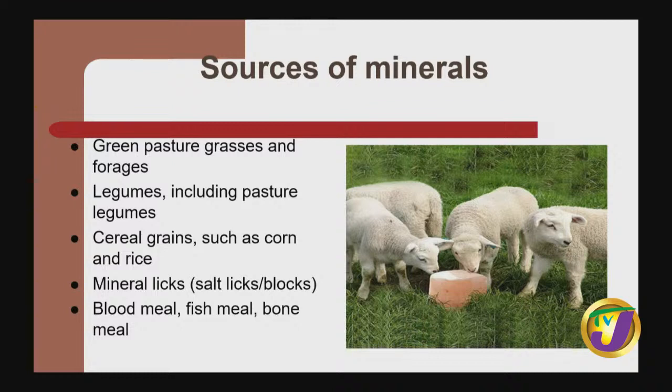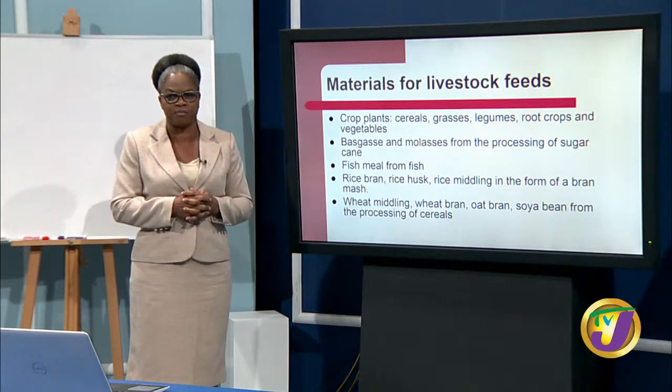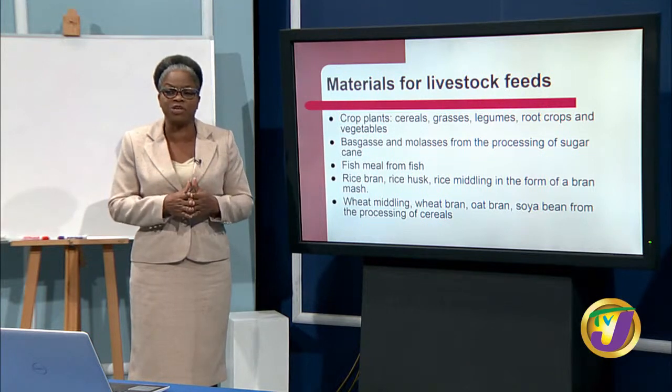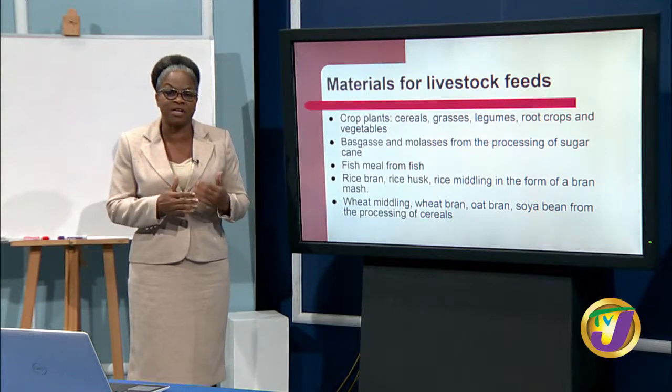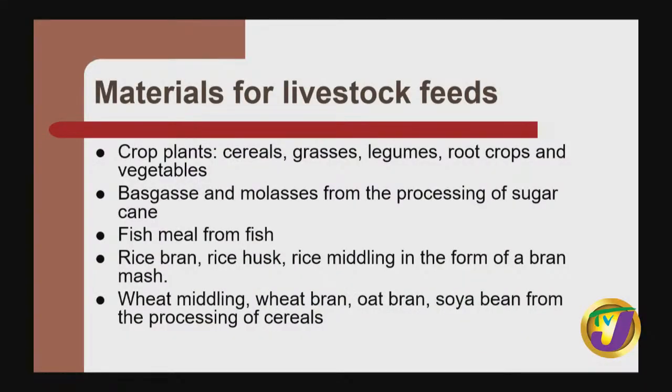We now want to look at some materials that we use for livestock feed. And when we talk about materials, some of these materials, we get them locally as well as imported. And so we are able to get the materials for the livestock feed from the grasses that they eat, the legumes, the root crops, and the vegetables.